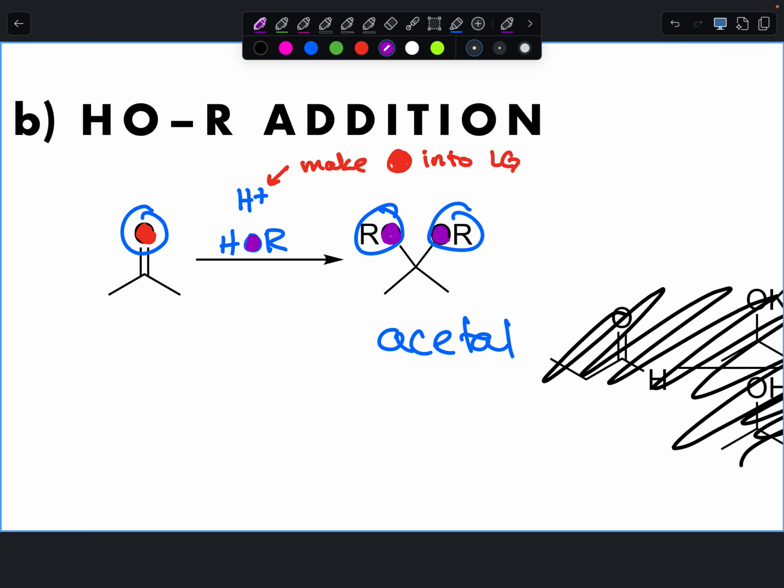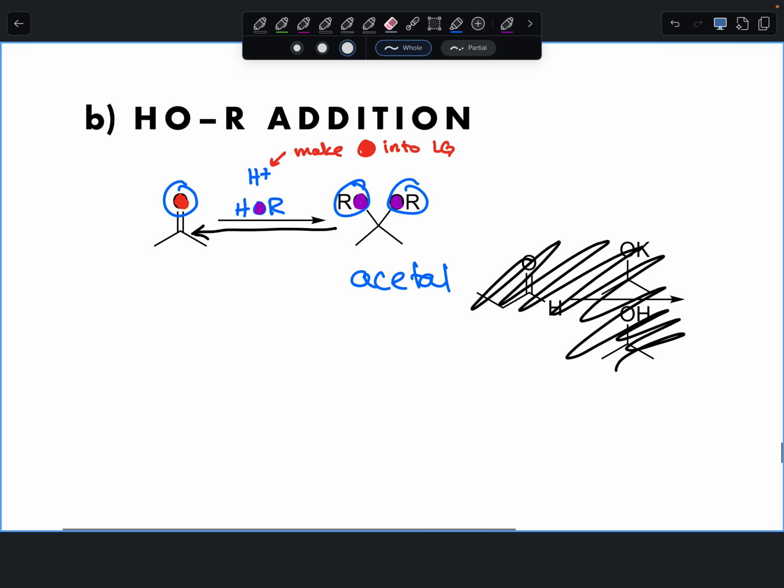I recognize that I have two OR groups on the same carbon. Make sense? We have an acetal.